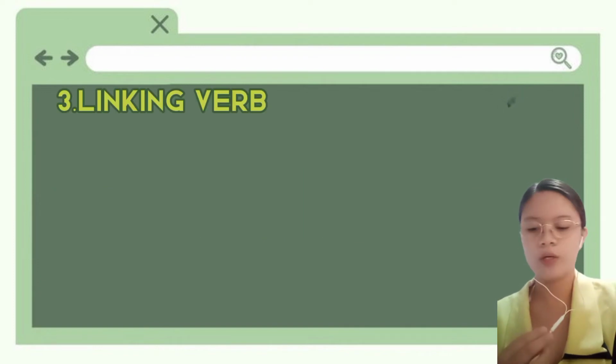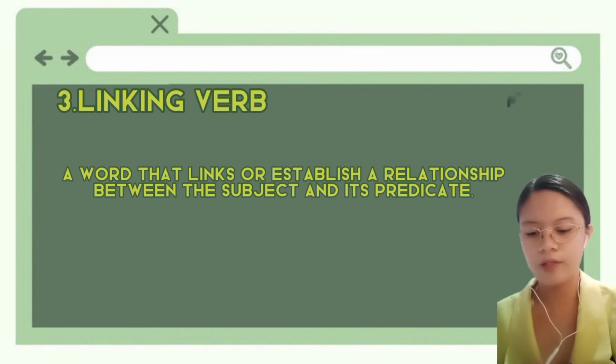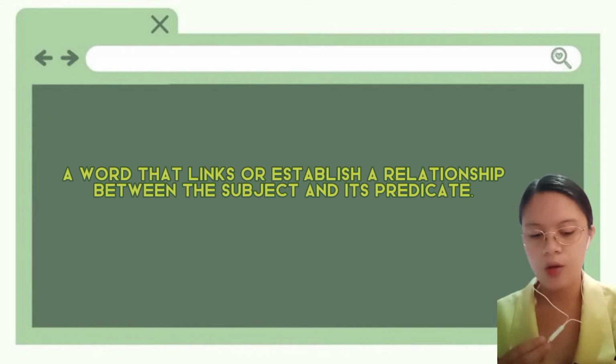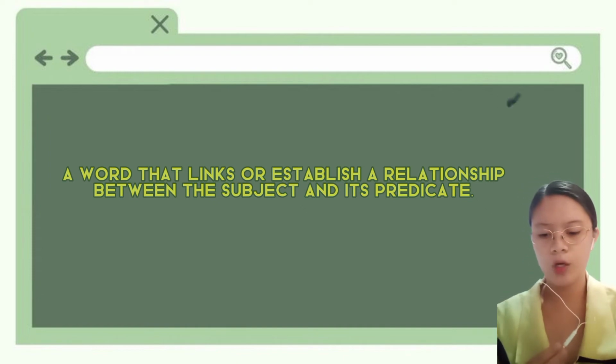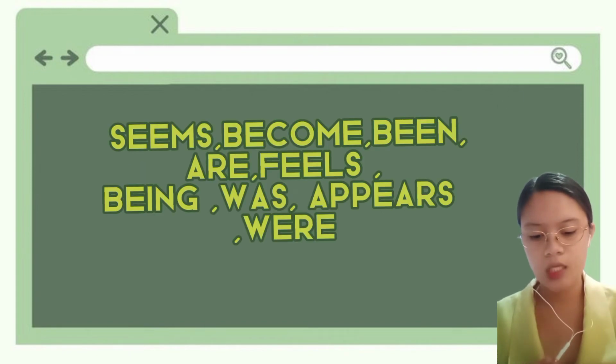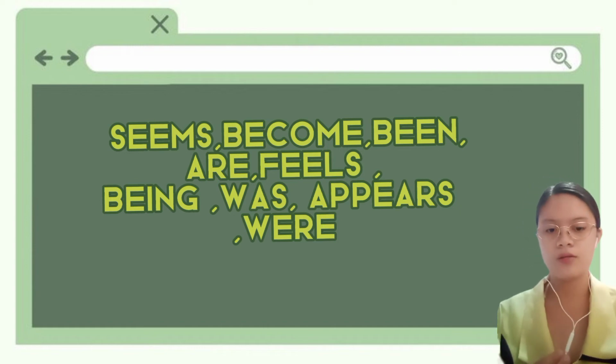So the third one is the linking verb. A linking verb is a word that links or establishes a relationship between the subject and its predicate. There are 12 popular linking verbs. These are seems, be, becomes, been, are, feels, being, was, appears, and were.